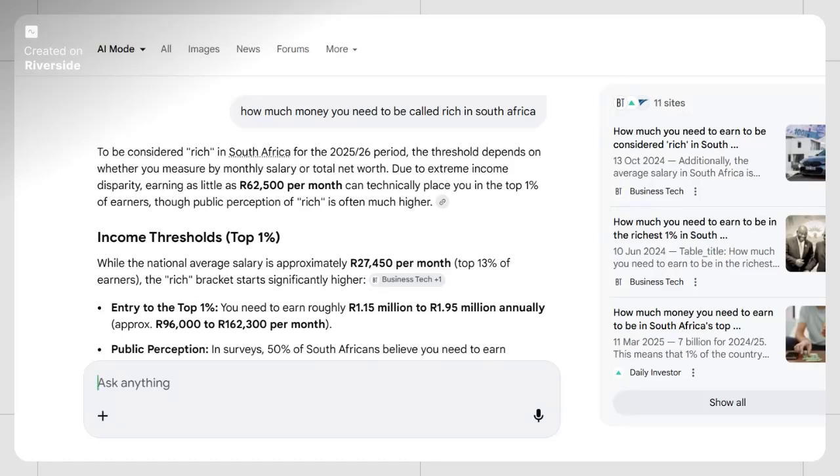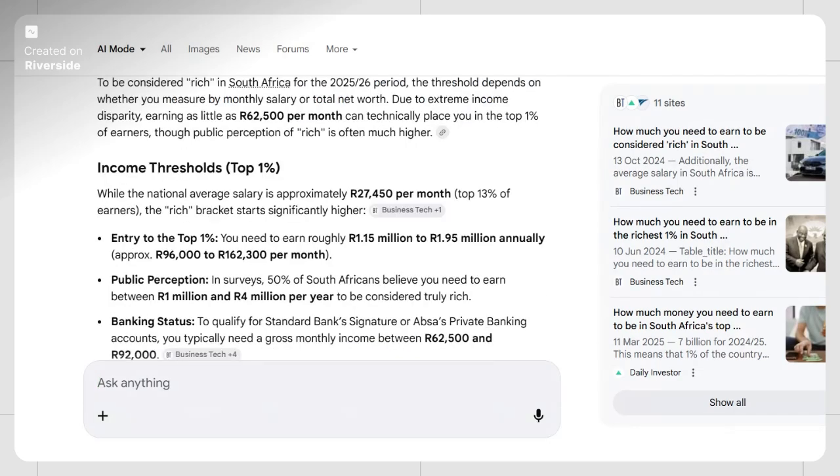While the national average salary is approximately 27,000 per month, the top 1% entry is much higher.